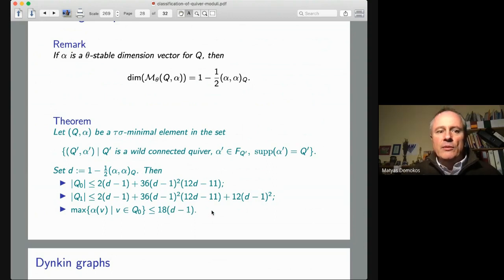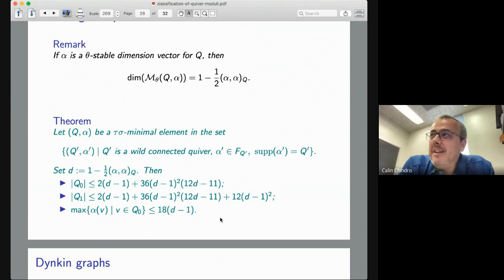So this gives a bound: you get everything just using quivers with only that many arrows, that many vertices, and with dimension vectors which are bounded this way. But of course, for each pair Q, alpha, you have finitely many possibilities for the weight. Correct. In principle, it could be worked out how many, but yeah.